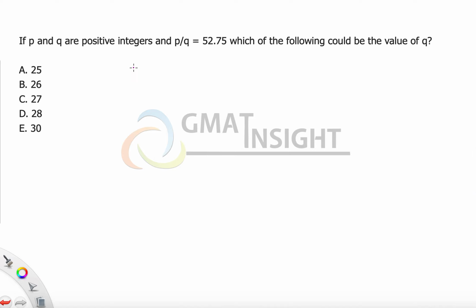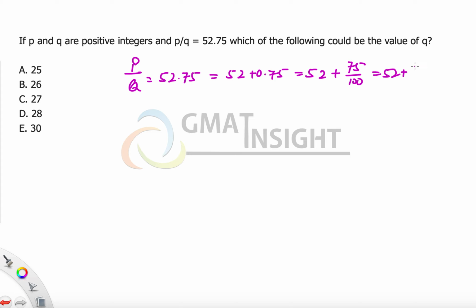We already know that p when divided by q is equal to 52.75, which can further be written as 52 plus 0.75. I'm writing the decimal part separately so that I can understand its properties. So it can further be written as 52 plus 75 over 100, which can further be written as 52 plus 3 by 4.